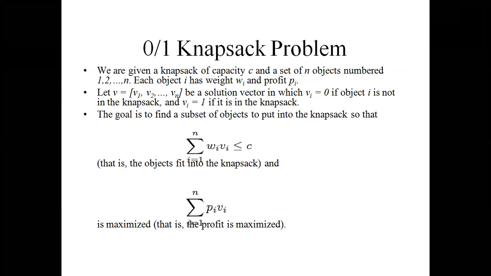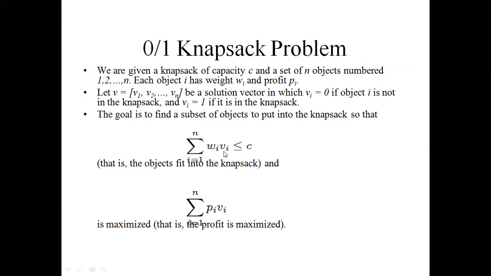So V1 to Vn be a solution vector in which Vi is equal to 0 if object i is not in the knapsack, and Vi equal to 1 if it is in the knapsack. The goal is to find a subset of objects to put into the knapsack, so what is required? Maximum profit.